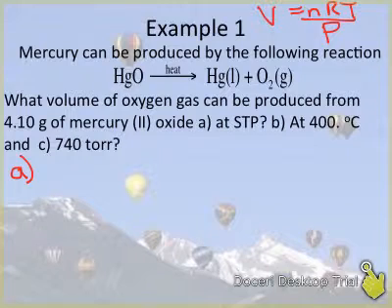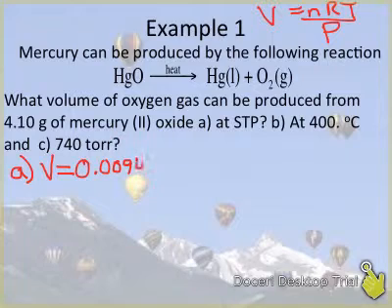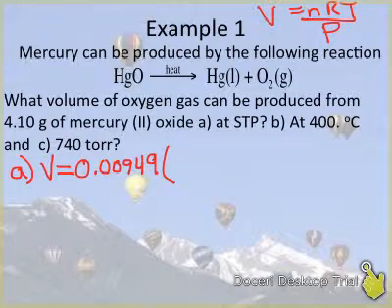Since we're solving for volume every single time, there's no sense in us rearranging the equation every time, right? So now let's do A. So we need to solve for the volume. Okay, we know our equation. N is what? Moles. We just did stoichiometry, so what is our mole number? And I am not going to write my units in because I will run out of room. Okay, but then we need our R. What's our R?